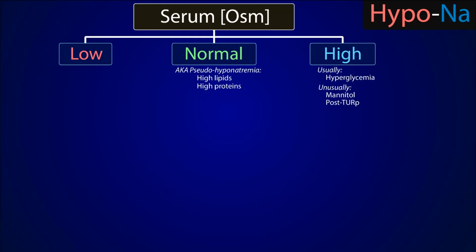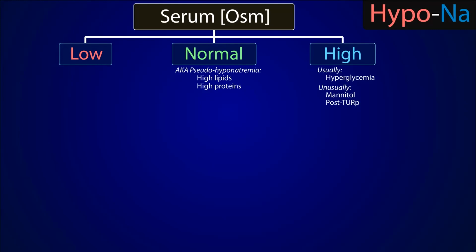Let's now talk about our low serum osmolality, our hypotonic hyponatremia, the true hyponatremia. The next step in this case, when we see that serum osm is low, is to ask: is this a problem of urinary excretion of free water or of oral intake of free water?